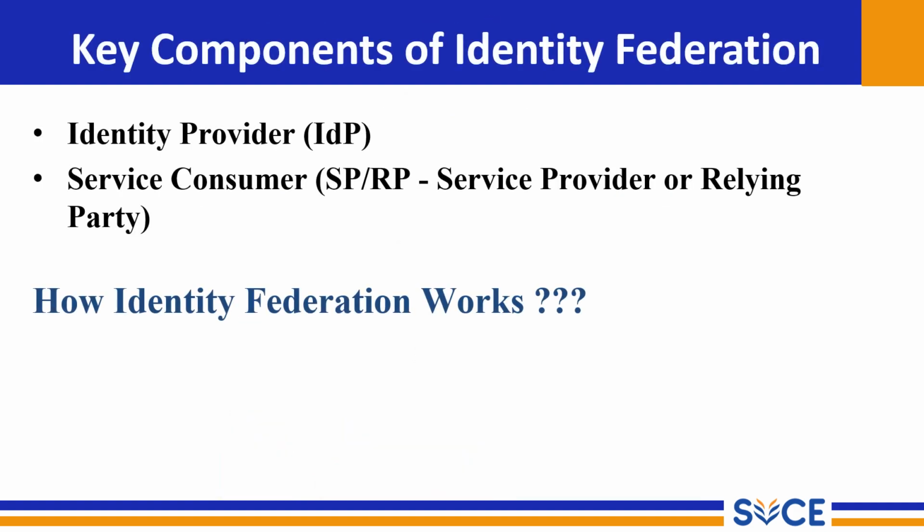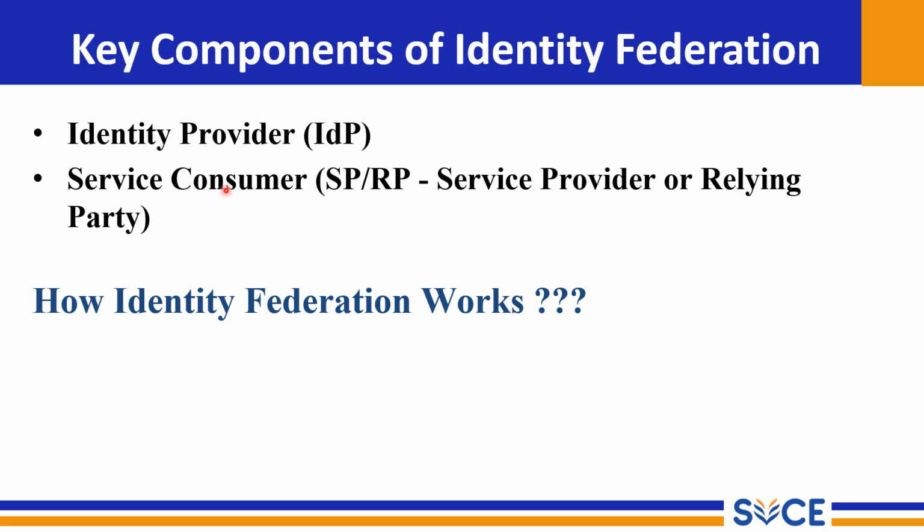So the key components of identity federation are the identity provider and the service consumer. The service consumer is otherwise called the service provider or relying party. The identity provider is an entity responsible for verifying user identities and issuing authentication tokens. Examples are Microsoft Entra ID, Google Identity, Okta, Auth0, and Active Directory Federation Services.